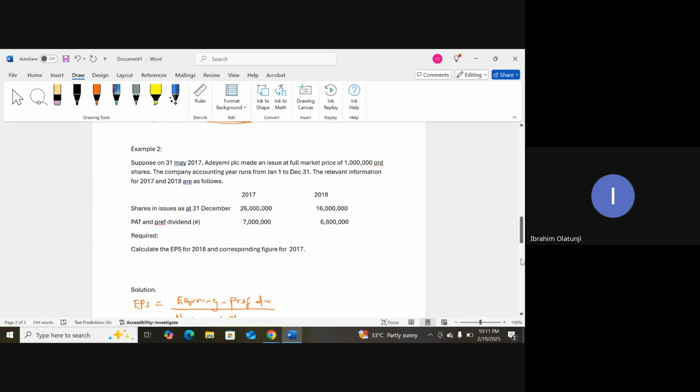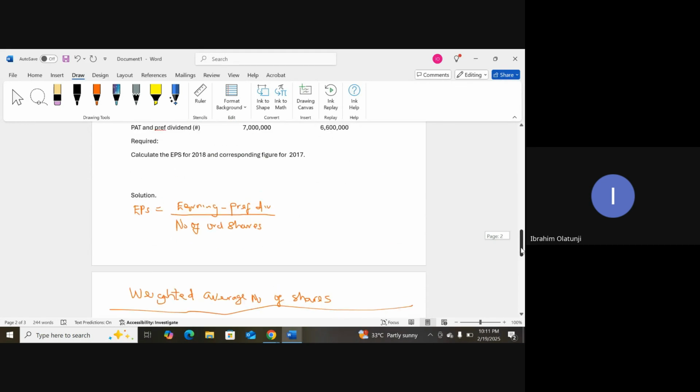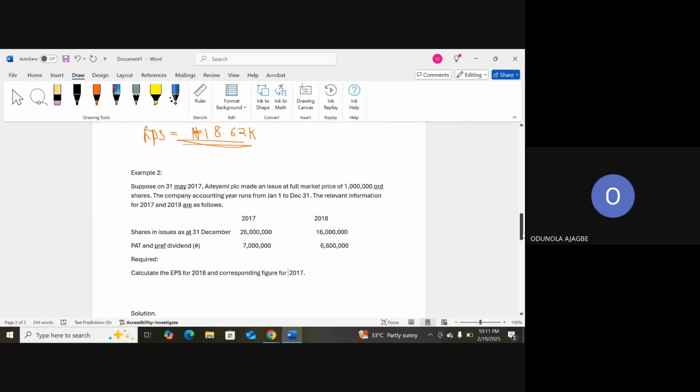So if you are calculating something like this, then you have to think of the shares in issue at 31st December. The accounts run from 1st of January to 31st December.